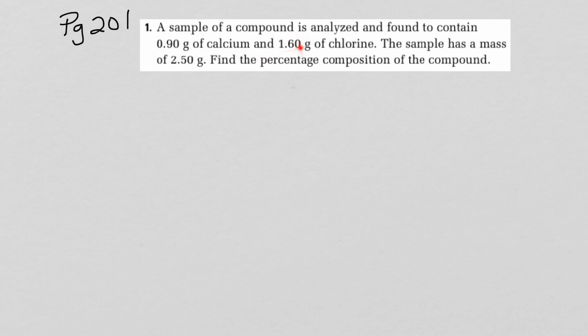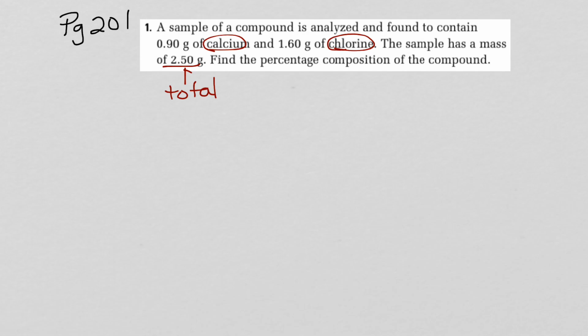When they say find the percent composition of the compound, they mean all the elements in the compound. So here we have calcium, you have chlorine, and then they told you the mass of calcium and the mass of chlorine, and they even told you that the sample has a mass of 2.5 grams. So this mass here is our total.